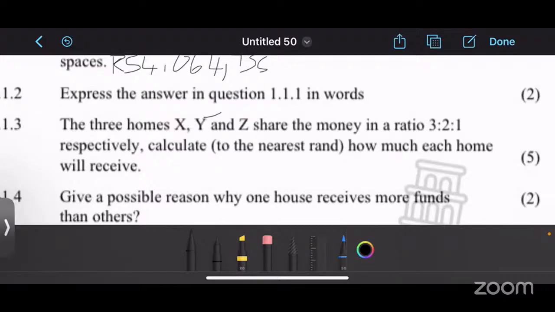Ma'am, how I would do it is I would take the three ratios and add them together, which gives you 6. Then I take the 54 million and divide it by 6. Then I would take the answer that I divided by 6 and times it by the ratios 3, 2, and 1.